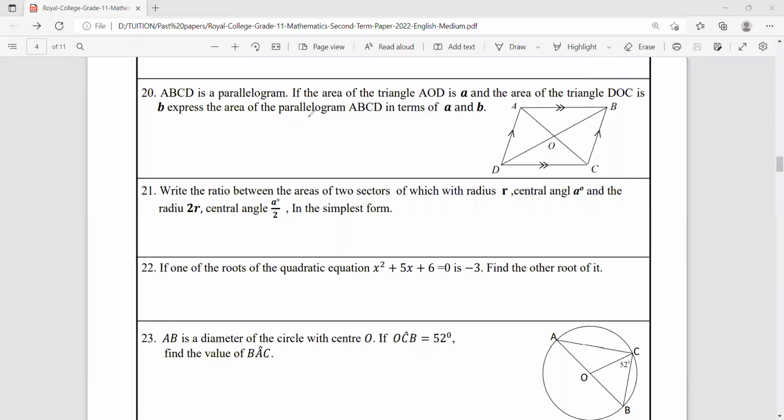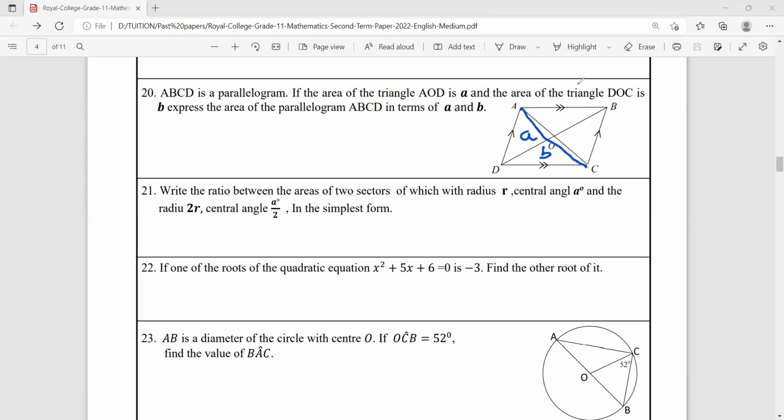And ABCD is a parallelogram. If the area of the triangle AOD is A, and the area of the triangle DOC is B, express the area of the parallelogram ABCD in terms of A and B. So you can see that this diagonal intersects.